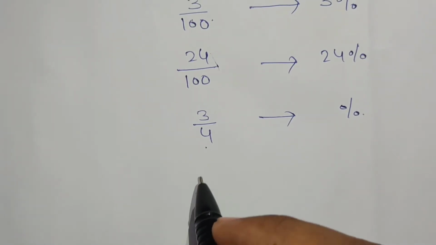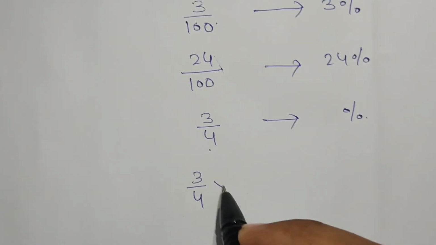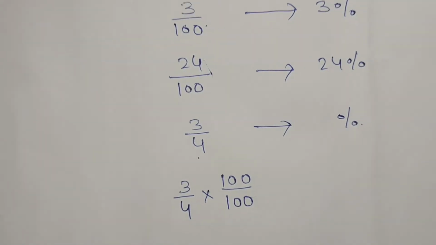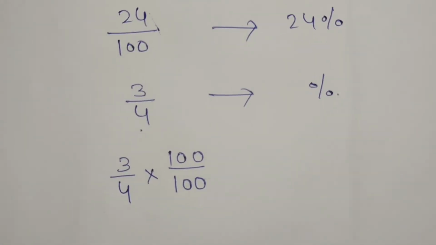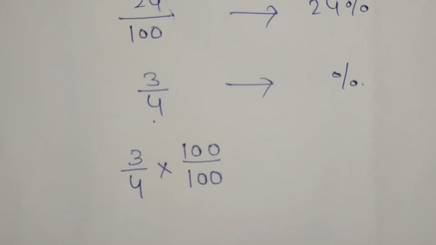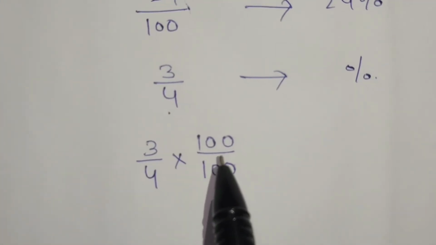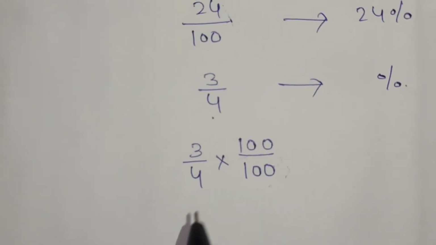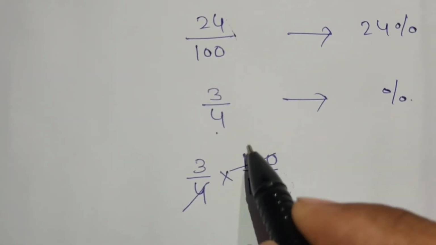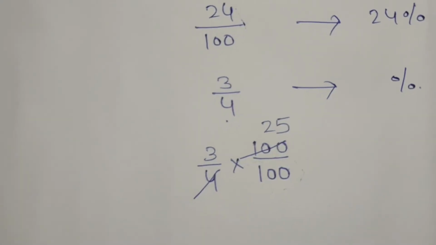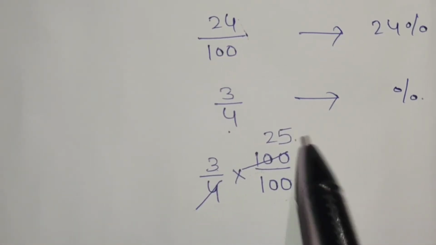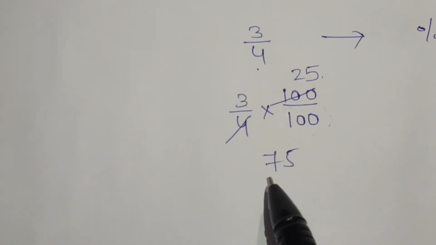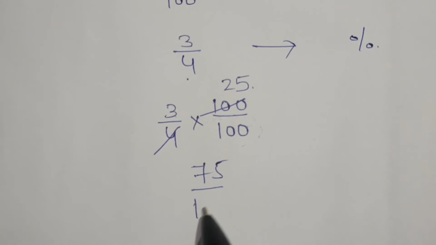So I will multiply and divide with 100. On multiplying and dividing with 100, I am not disturbing the denominator value, it is 100. 4 into 25 is 100, so 3 into 25 is 75, by 100.